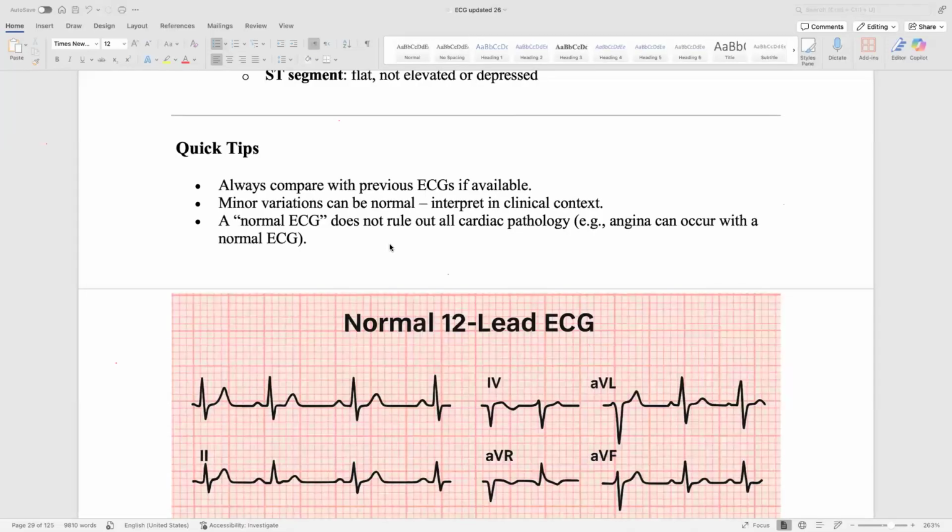Always in the clinical practice, check the previous ECG. What is the importance? Can someone tell me any example for the importance of the previous ECG if you have an abnormality now?